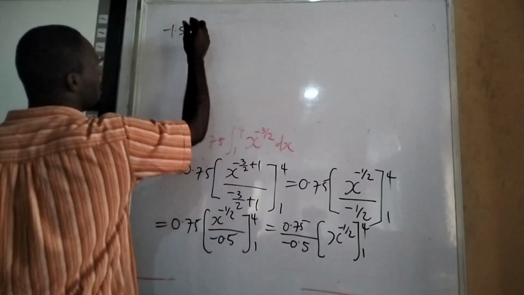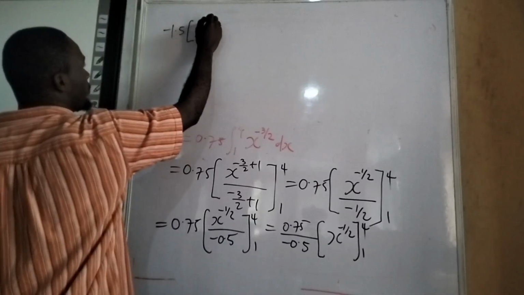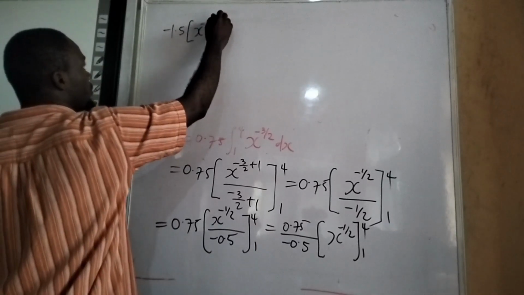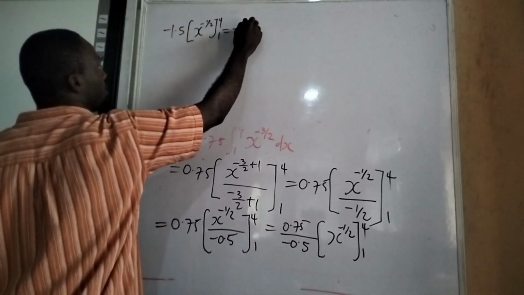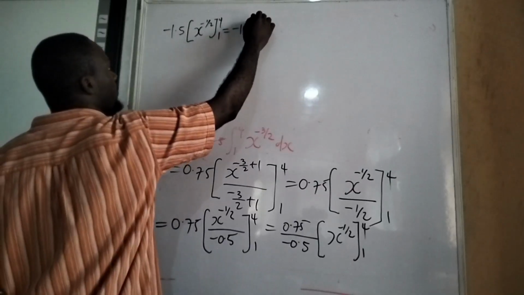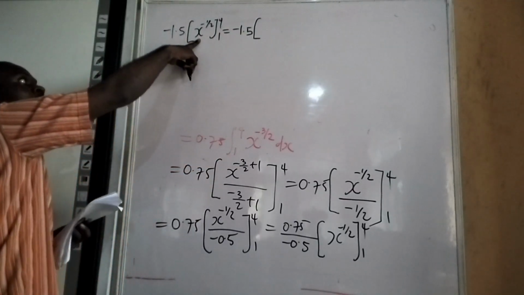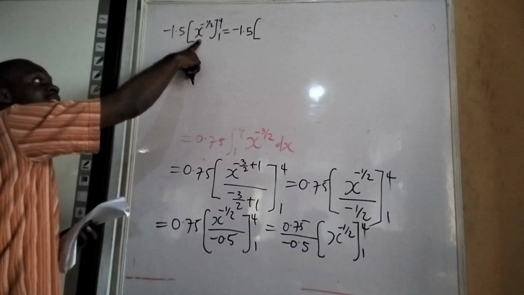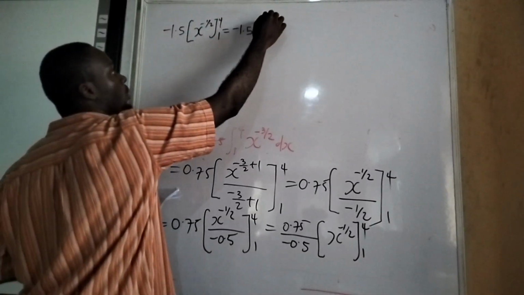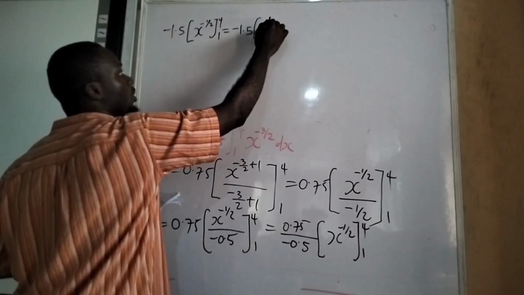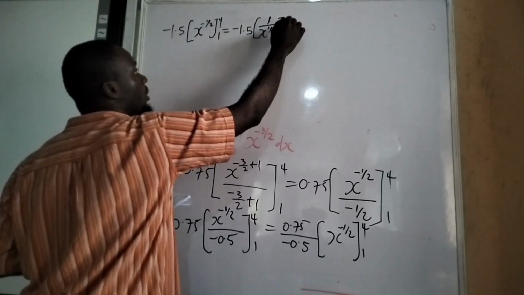Then we have x to the minus 1 over 2, limits from 1 to 4. This is minus 1.5 times x raised to power minus 1 over 2. x raised to power minus 1 over 2 means 1 over x to the 1 over 2. Taking limits from 1 to 4.